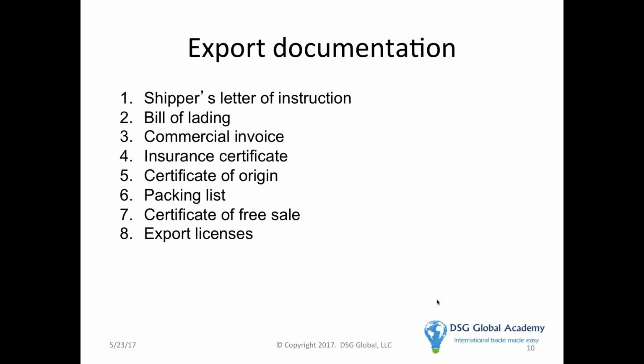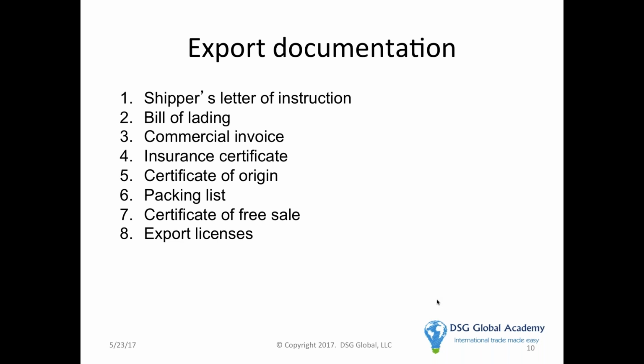The information that your freight forwarder needs could be several, depending upon your product classification. For example, if it's chemicals, pharmaceuticals, certain wireless telecommunication items, it may require additional information.